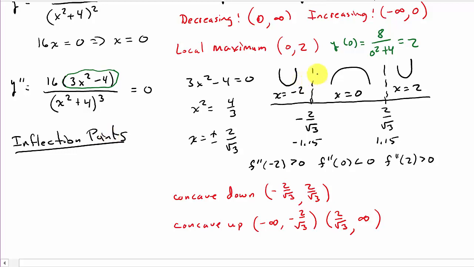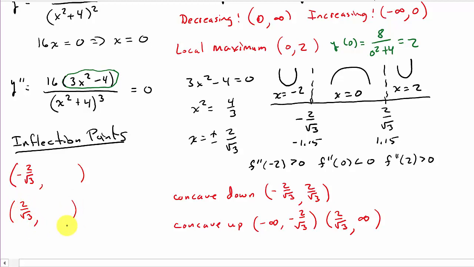Well, you can see it changes here at -2 over square root of 3, and it changes here at 2 over square root of 3. So I've got inflection points at both. Now, to find my inflection points, well, I've got one at -2 over square root of 3, and then I need the y-coordinate, and I've got one at 2 over square root of 3, and then I need to find the y-coordinate.